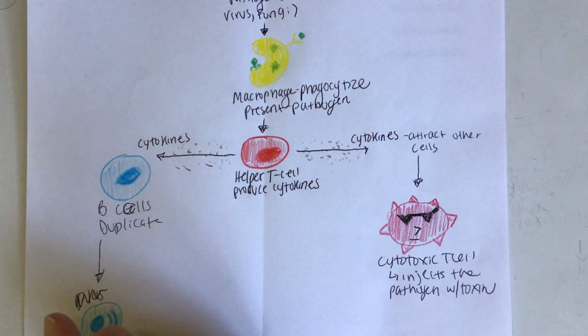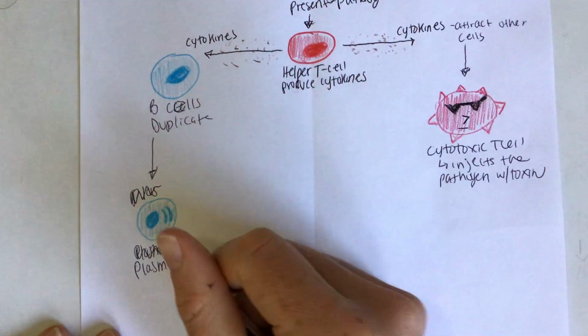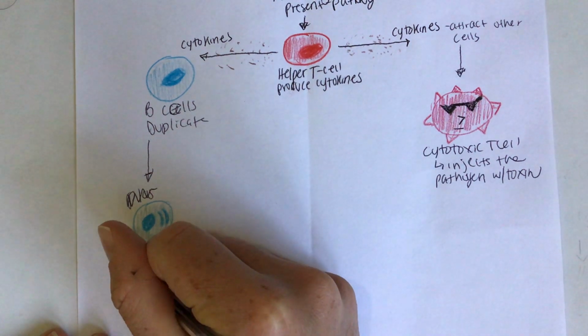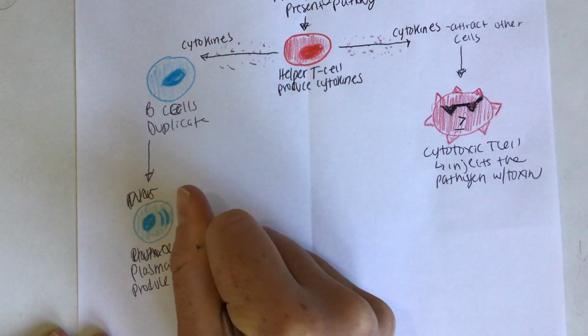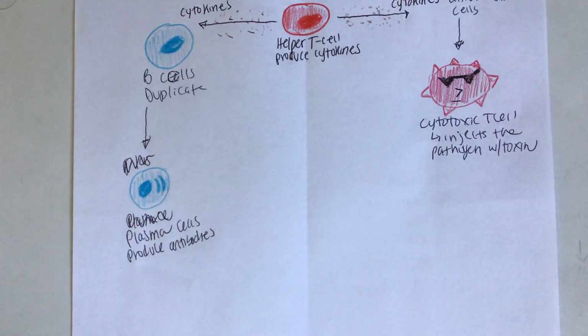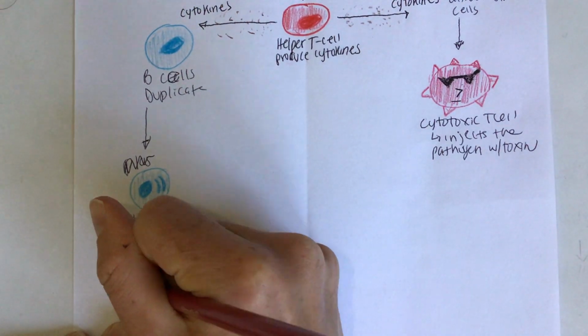And these plasma cells, struggling with my spelling, plasma cells produce antibodies. So antibodies tend to be represented like this, little Y-like structures.